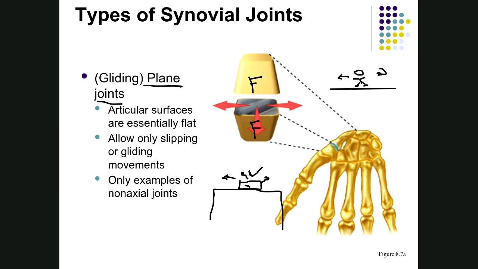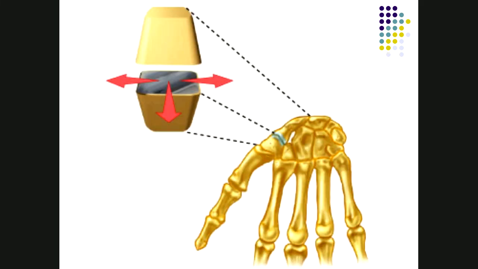The best examples of this are between the carpal bones in the wrist, but also between the tarsal bones in the ankle. So these bones have flat surfaces that slide around on each other. Flat on flat. And what we get is either non-axial, in other words, no axis at all, or sometimes they're called multi-axial, which means lots of axes.